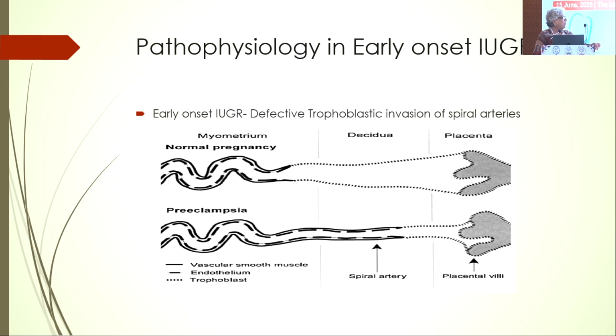So the pathophysiology of early onset is, as I have already told you, because of the defective trophoblastic invasion of the spiral artery. It happens in two stages. The first stage is trophoblastic invasion to the decidual layer of the spiral artery, and the second stage is when the trophoblastic invasion happens to the myometrial segment of the spiral artery.